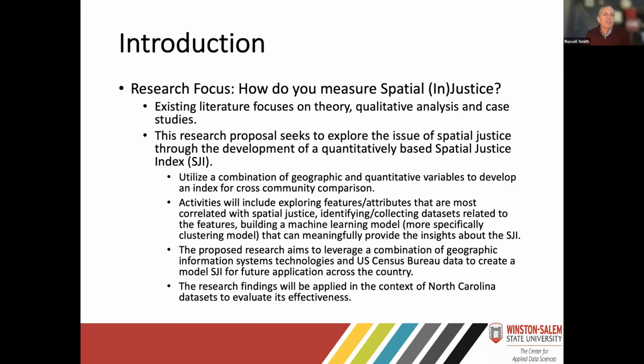But this research wants to take spatial justice into a more quantitative direction, to be able to take geographic, quantifiable variables and develop an index that could be used for cross-community comparison, so that we can begin to say how spatially just or unjust a community might be, a neighborhood might be, a given geography.